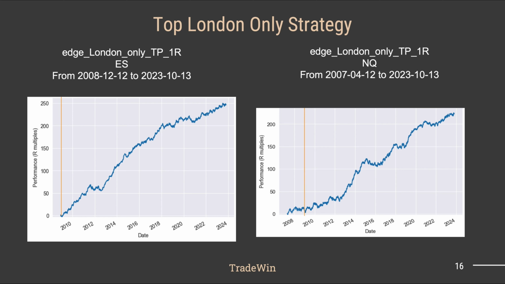In order to help you, I've detailed here a vertical line saying that we start the backtest at the same moment. It's around 2009, because I have additional data in my backtesting data for NQ that goes back to 2007. Let's start at 2009. We see that both curves are going up, okay?